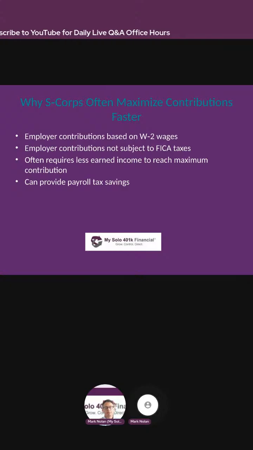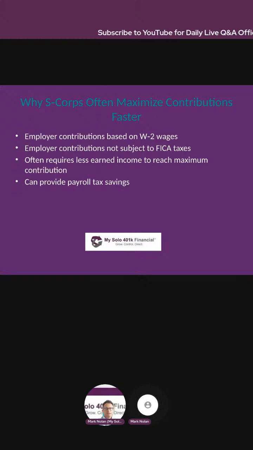And here are some key reasons. Employer contributions are going to be based on W-2 wages. No self-employment tax applies to those contributions. Employer contributions are not subject to FICA.